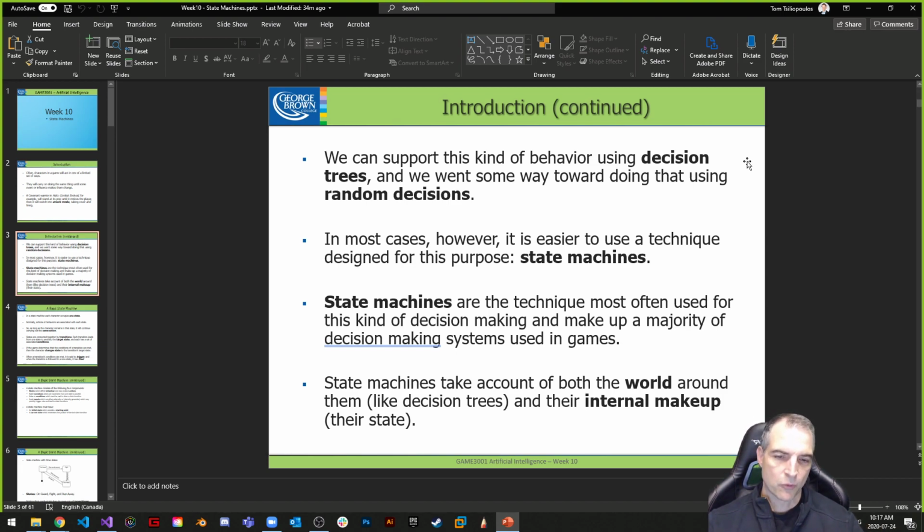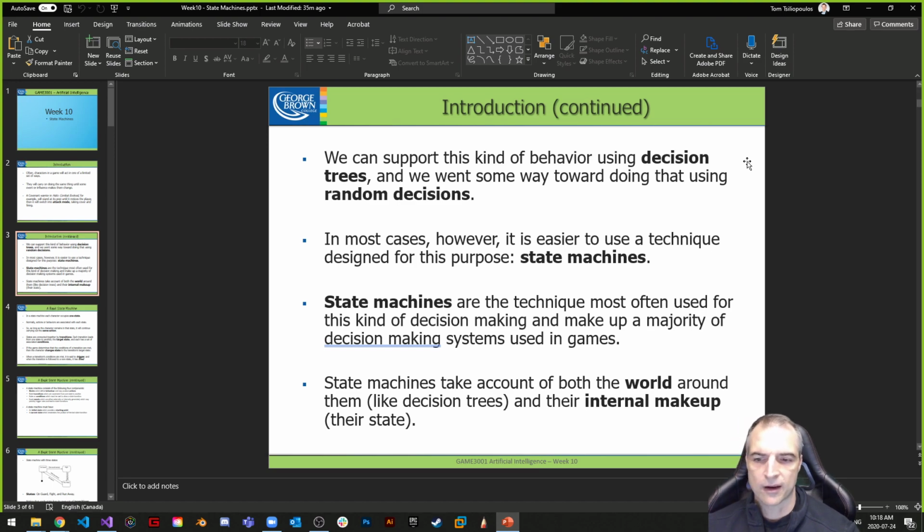A behavior tree is more when I have a complex set of behaviors that I want to accomplish. And you can combine all the three things that we've talked about so far. We can combine decision trees and state machines and behavior trees in order for you to have more complex AI.